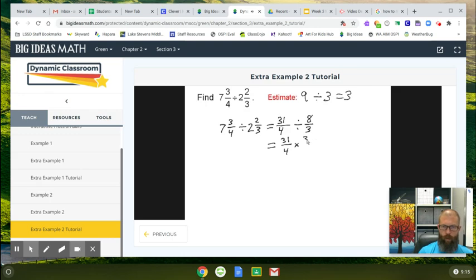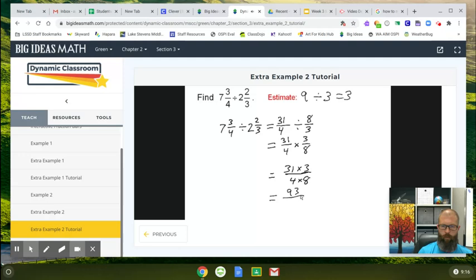And this is the stage to factor out common factors in the numerator and denominator, but I don't see any, so we can move on. The product of 31 and 3 is 93. The product of 4 and 8 is 32. So an answer as an improper fraction is 93/32.